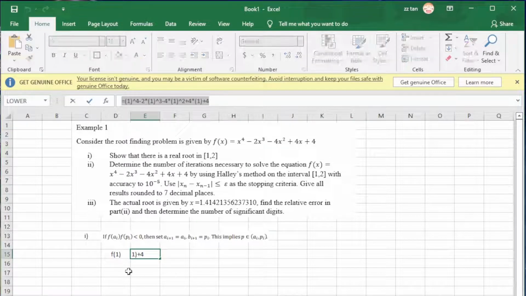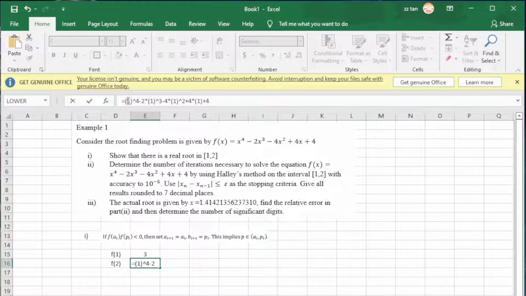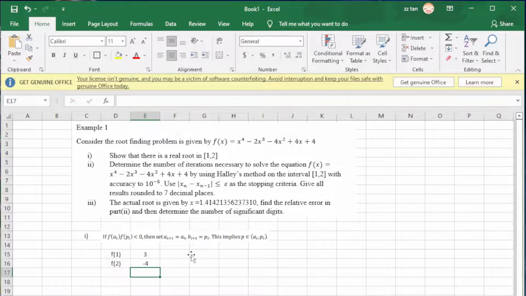So this is our f(a). So our f(b) is f(2). We substitute 2 into it. So we get negative 4.